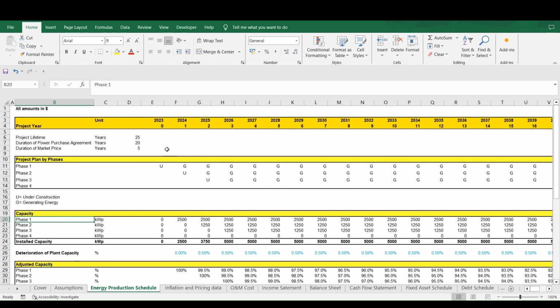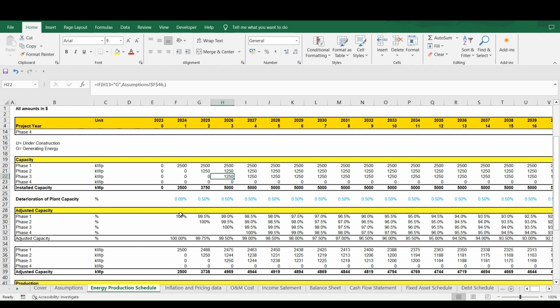As you can see in year 2023, that is year 0, no phase is generating any sort of capacity because the construction will take 1 year, and by 24, 50% of our capacity will be ready. The next year the second capacity will get ready, and then the third year the third capacity will get ready.